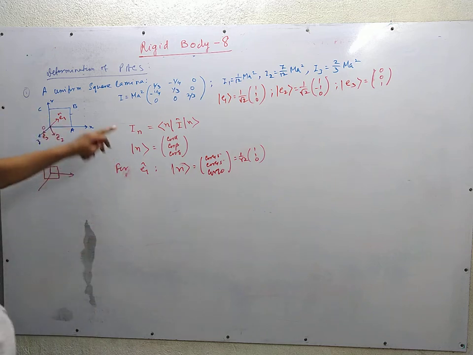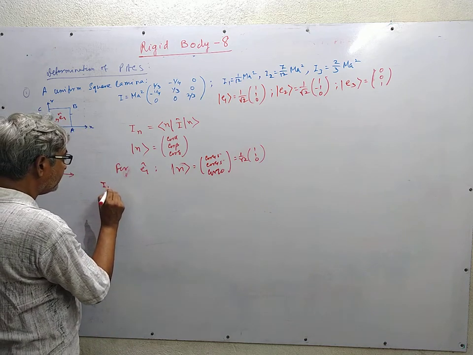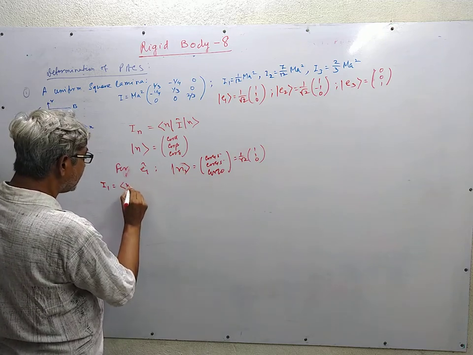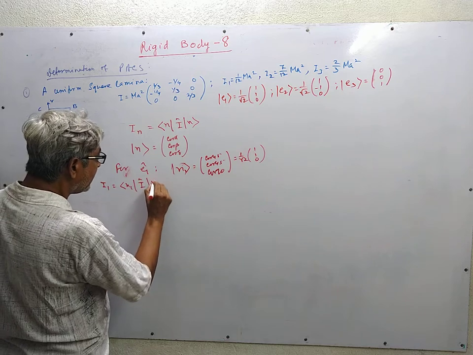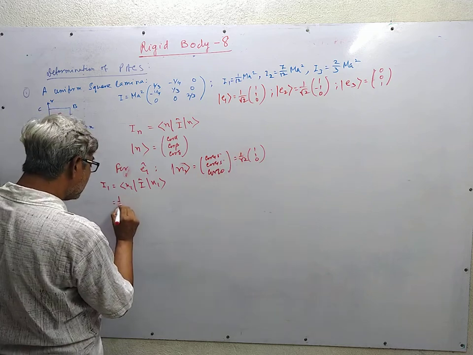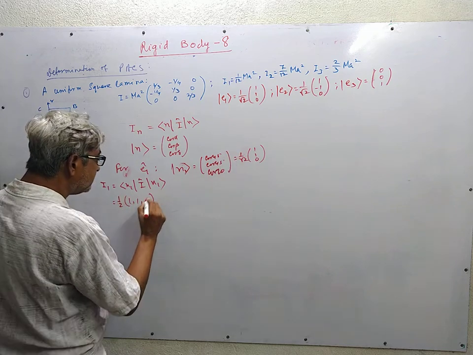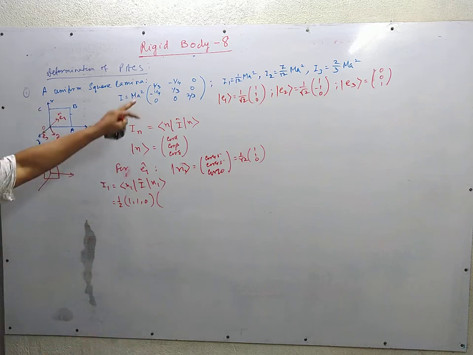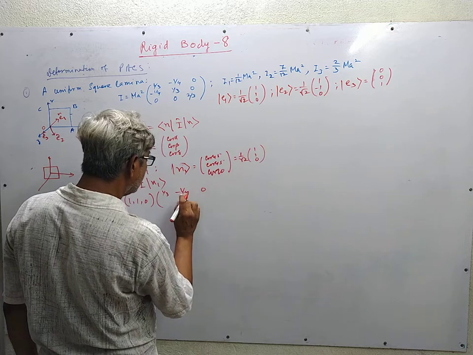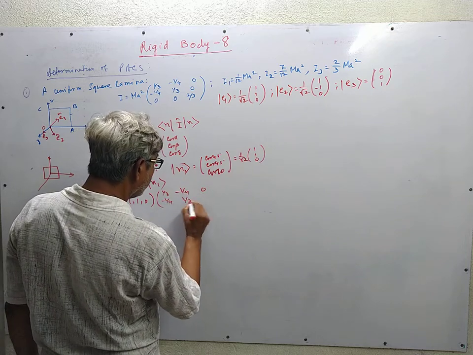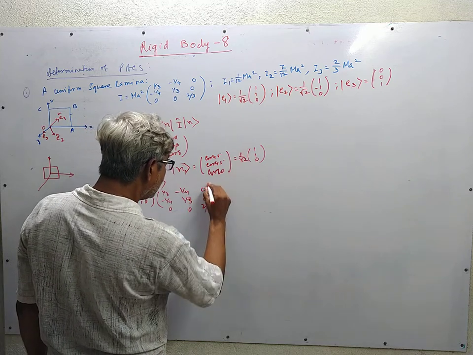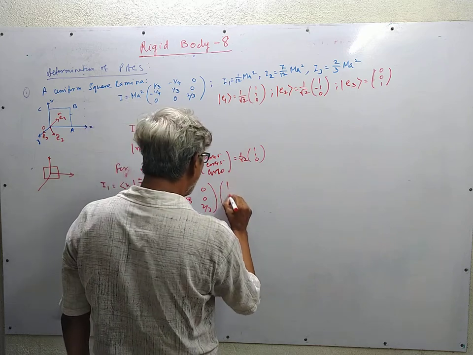So if we come to I1, we call it N1, so this is N1 I N1. There are 2 root 2, so this is half, times 1, 1, 0, then the matrix 1/3, 1/4, 0, minus 1/4, 1/3, 0, 0, 0, 2/3, multiplied by 1, 1, 0.